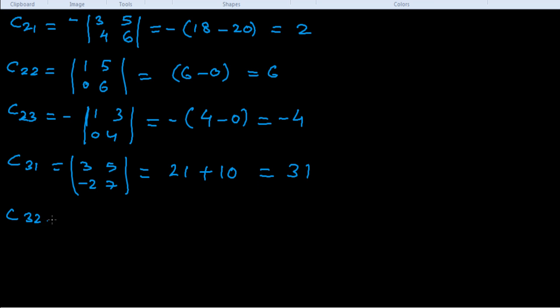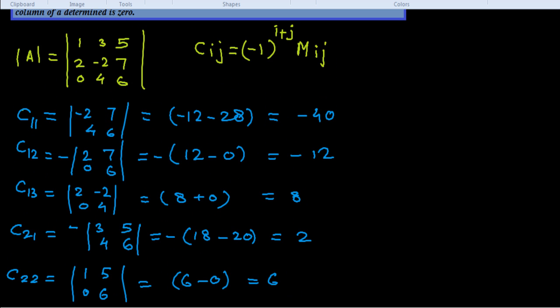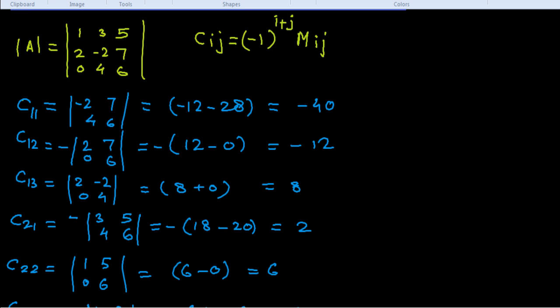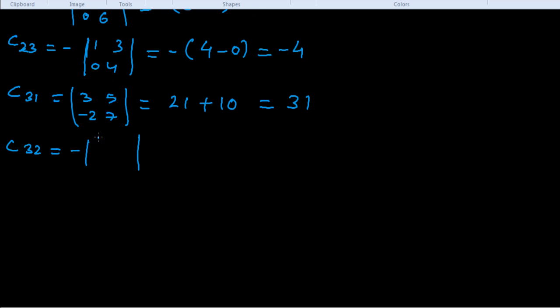C32. It is odd now. 3 plus 2 is 5, which is odd. So we have to get the negative sign here. 1, 5, 2, 7. To get here negative 7 minus 10. It is minus 17.